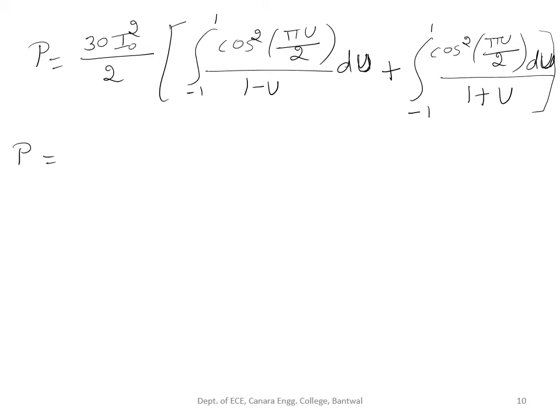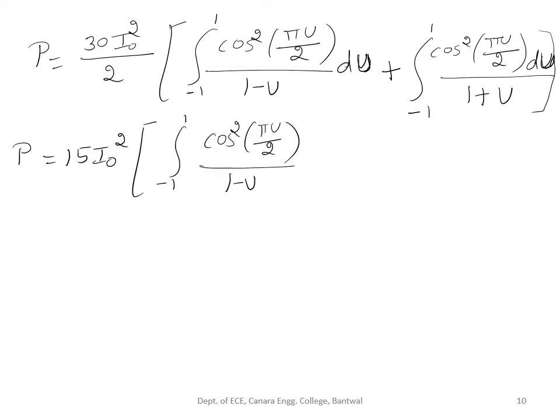Radiated power is equal to 15 I naught square times [integration of cos square of pi u by 2 divided by 1 minus u du plus integration from minus 1 to 1 of cos square of pi u by 2 divided by 1 plus u du].